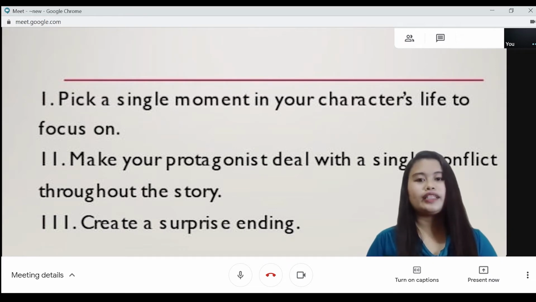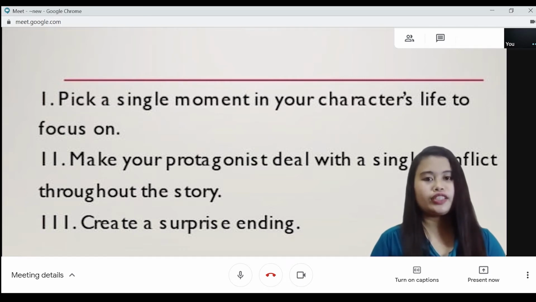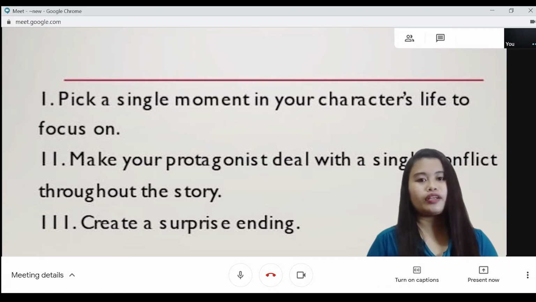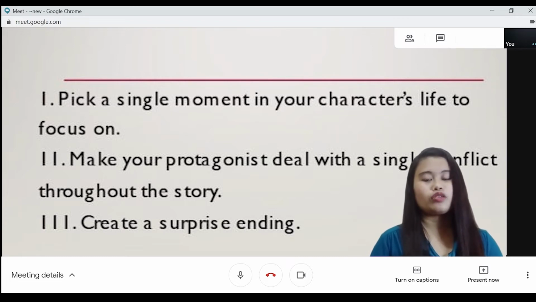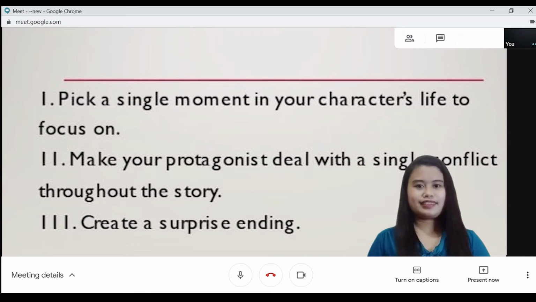The second one is to make your protagonist deal with a single conflict throughout the story. The conflict is what causes tension and creates your story. Use your antagonist to challenge your main character so they have something to overcome. That way, your reader will feel satisfied as your character finishes their arc.